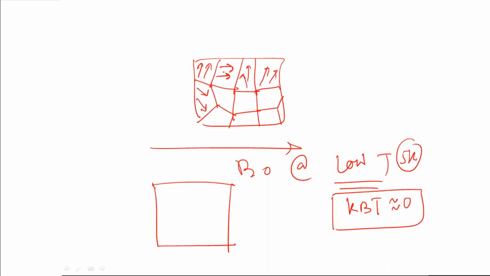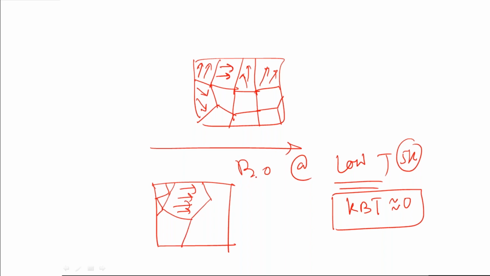This is called domain wall motion. This domain in the direction of the field will grow and the other domains will shrink.